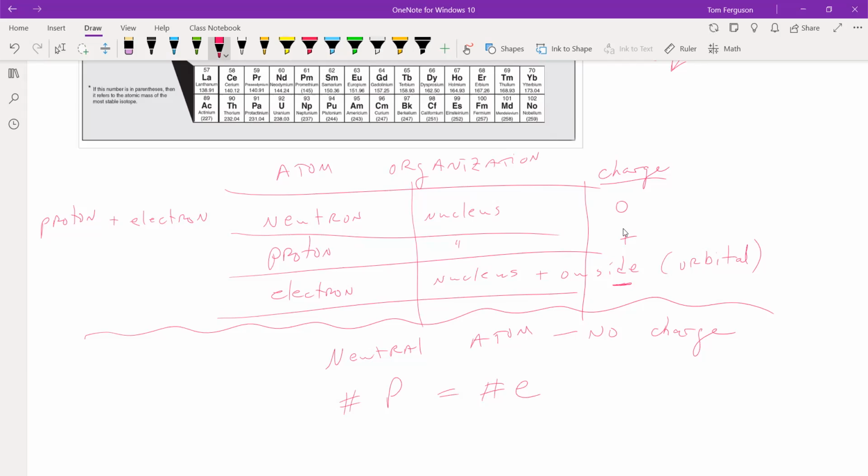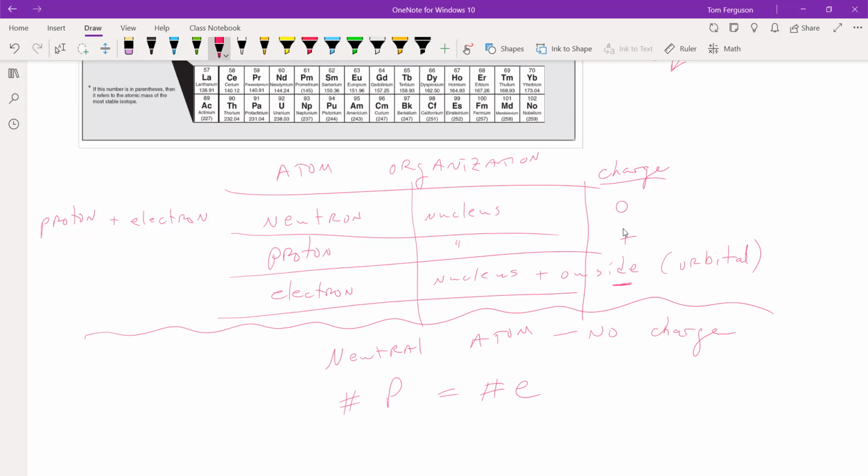That means the number of charged particles positive equals the number of charged particles negative. Equal, so they net 0. Hence the term neutral. So whenever you hear the word neutral, and if it's associated with a charge, it means it's no charge, 0. If charged particles exist, they have to exist in equal numbers, so they cancel each other.